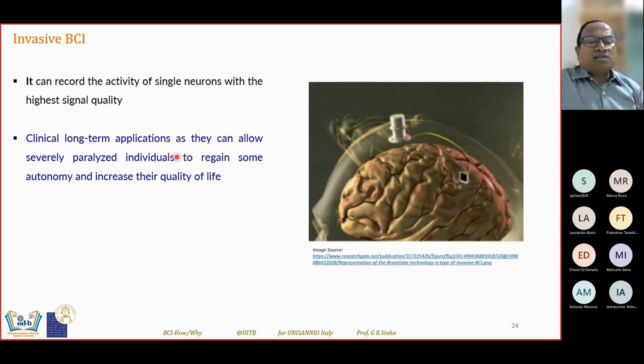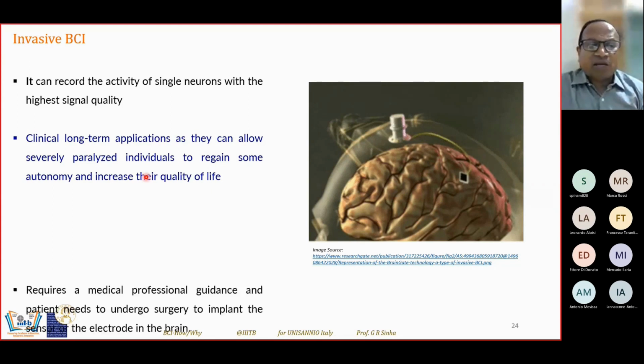So generally in such cases, even the physicians recommend taking the risk, so that some ability and some autonomy can be regained, and the quality of life increased for those undergoing severe paralysis, not the simple paralysis, but severe brain paralysis. It's not the other kind of paralysis.